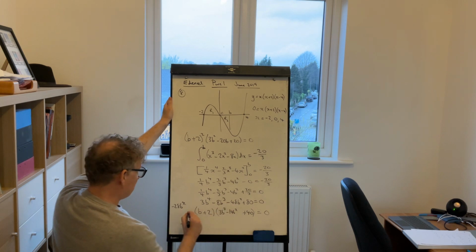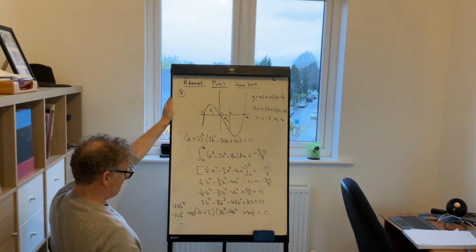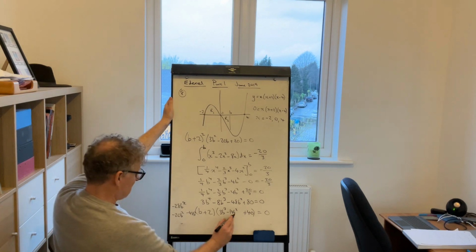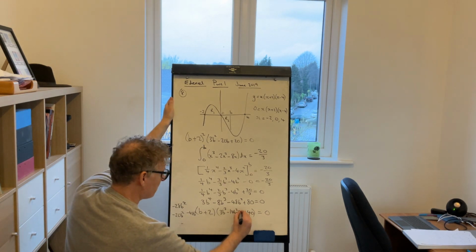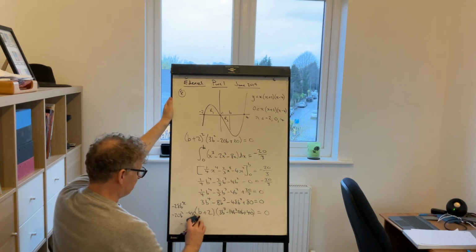I've got to make minus 48b squared, so I'm going to have to make another minus 20b squared. And how do I make minus 20b squared? By doing b times minus 20b. Boom. So I factorised it.